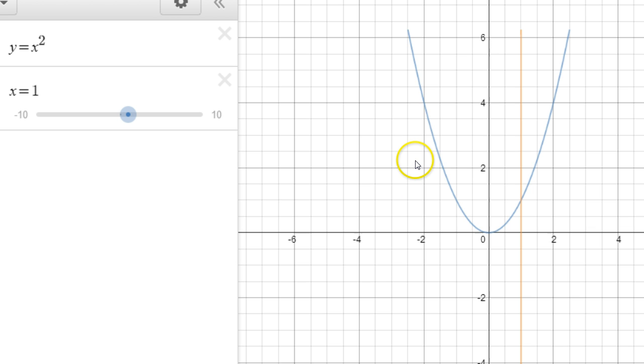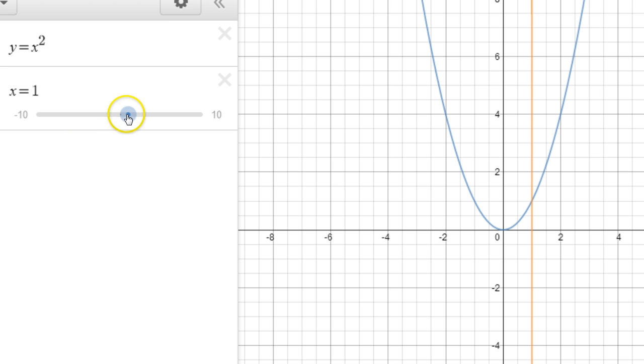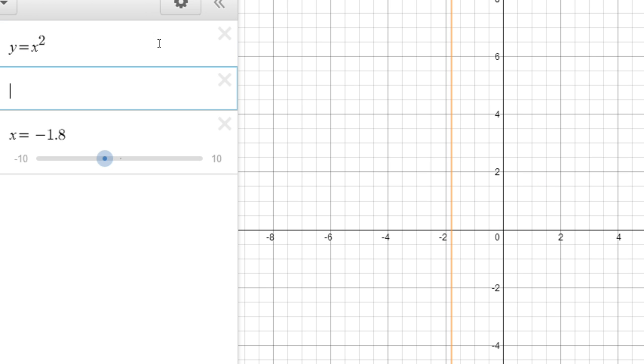So what you would do is the vertical line test, and you can do this really easily with Desmos: just make a vertical line, move it across, and see if it passes the vertical line test. That one's really easy, so we've got that down. Let's create another one.